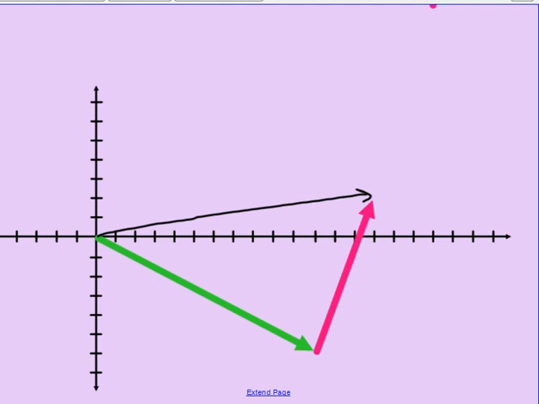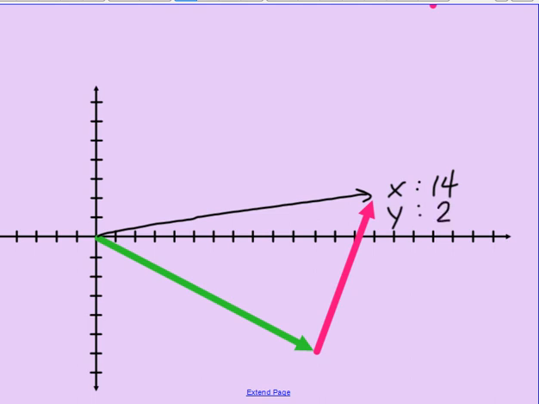Based on the fact that it's on this nice XY axis, I could figure out its X and Y components. 2, 3, 4, 5, 6, 7, 8, 9, 10, 11, 12, 13, 14 would be its X component. And the Y component is pretty easy to see that it's 2.